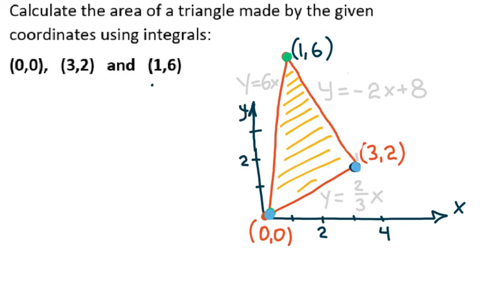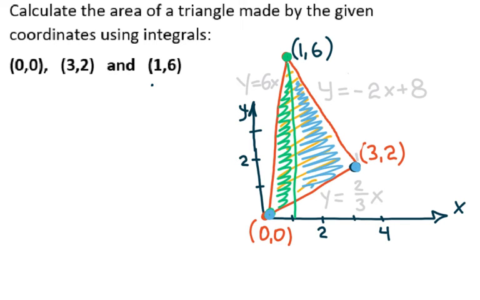Now to find the area, I'm going to look at 2 different areas. The first one is going to be until x equals 1. So I'm going to look at this one, and I'll shade it in green, and then the second one is going to be shaded in blue, and then I'm going to add these 2 areas.